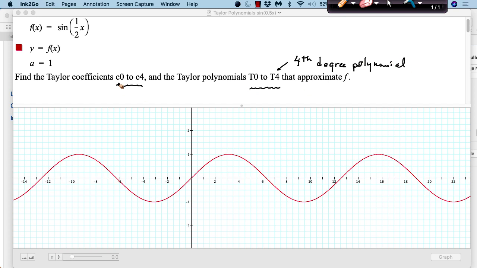So first, for this function sine of 1/2 x, what's going to be our goal? We want to reproduce sine of 1/2 x, and we want our center to be 1, meaning our focal point is going to be right here at 1.